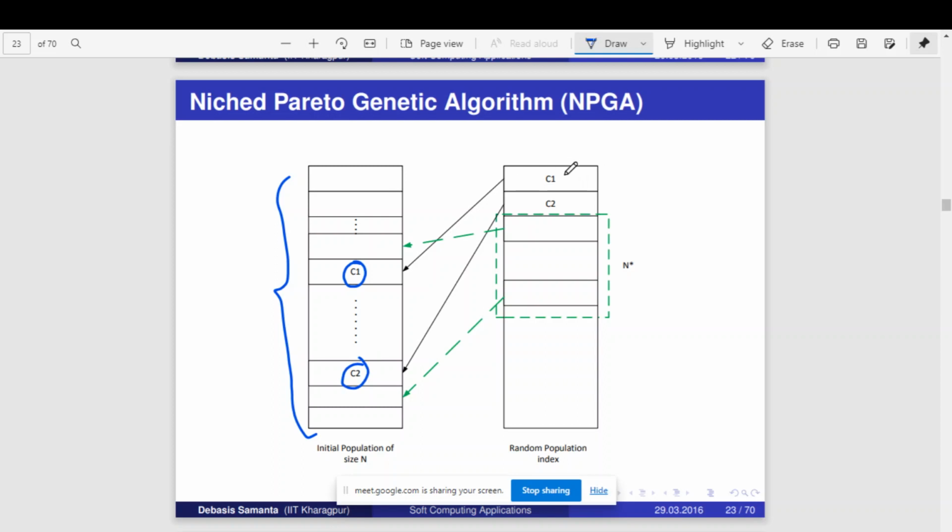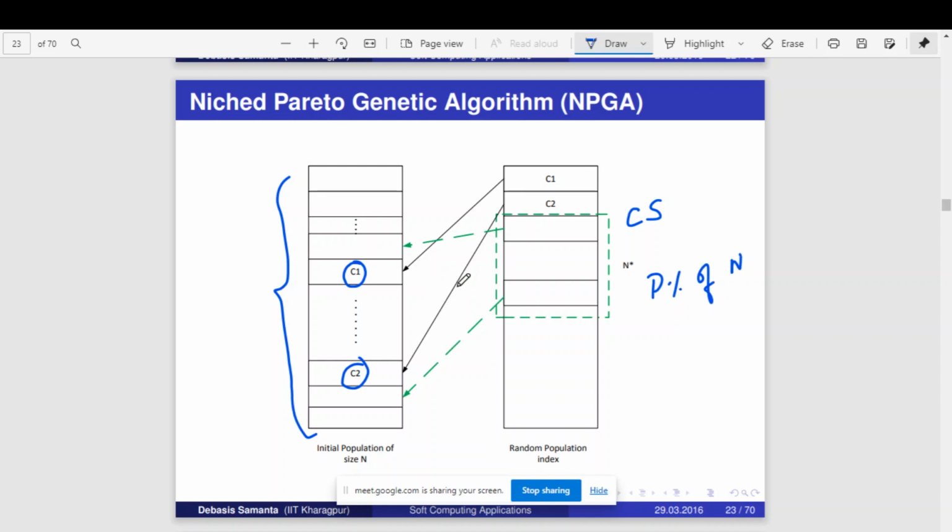Now we have to find who is the winner, whether C1 is the winner or C2 is the winner. For that we have to create a comparison set CS. The size of the comparison set will be n star, where n star is equal to some p percentage of n.